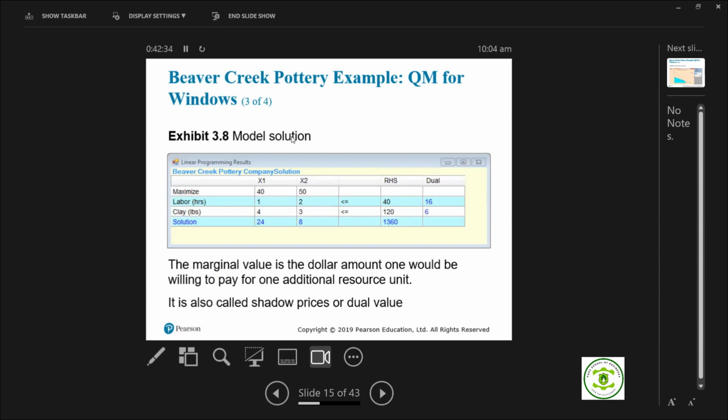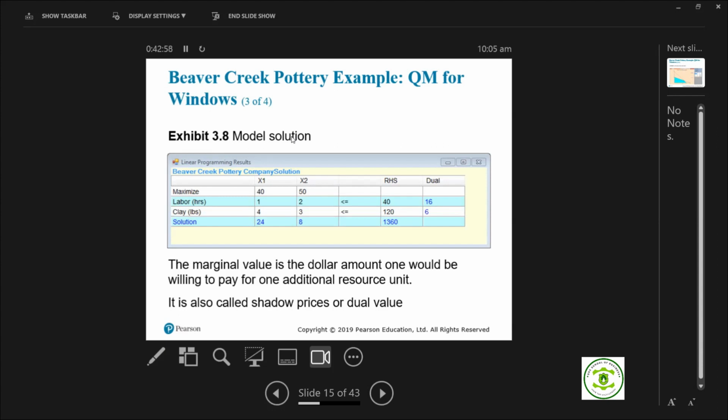The marginal value of 16 for labor simply means that when we employ an additional labor, profit will increase by $16. Okay?